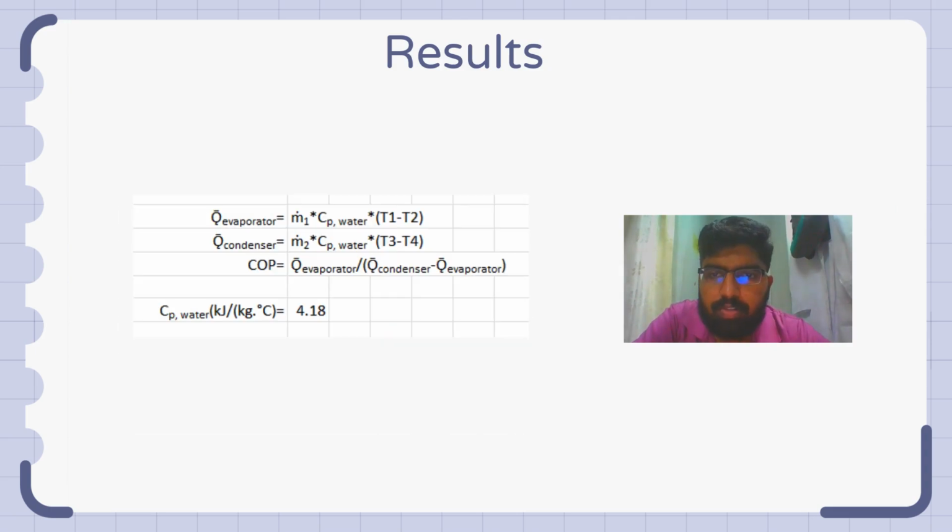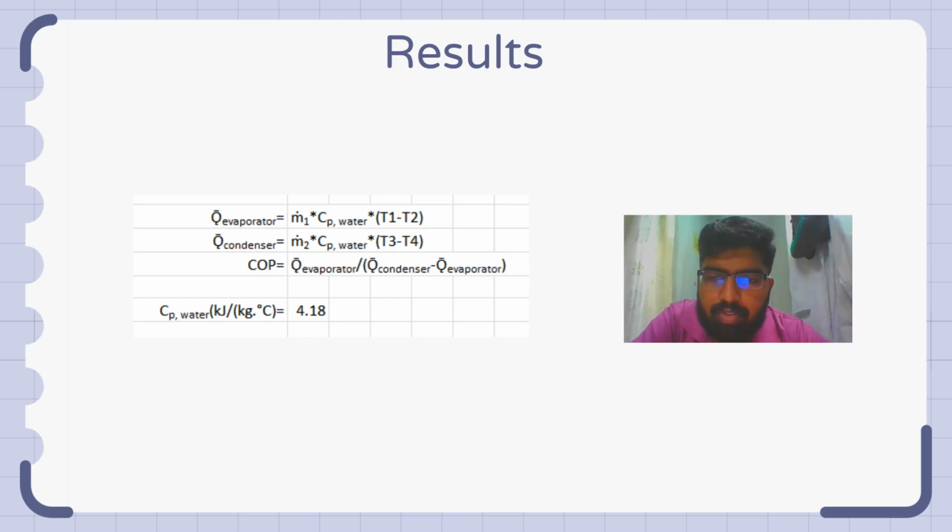So from the table, to determine the heat transfer of the evaporator and the condenser, we can use the formula as shown here. The rate of change of heat at the evaporator is M1 times Cp of water times the difference between T1 and T2.